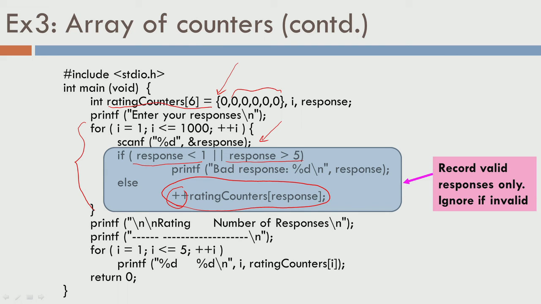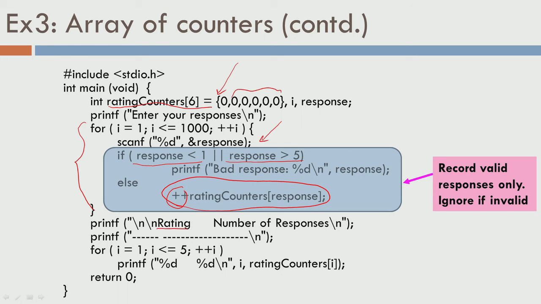You are incrementing the variable for which you got the response. So, if the first user gave 1 as the response, rating counters of 1 is going to get incremented. If the 500th user gave a rating of 5, i would be 500 and rating counters of 5 will be incremented by 1. And once you are done with this loop, you can now print the ratings.